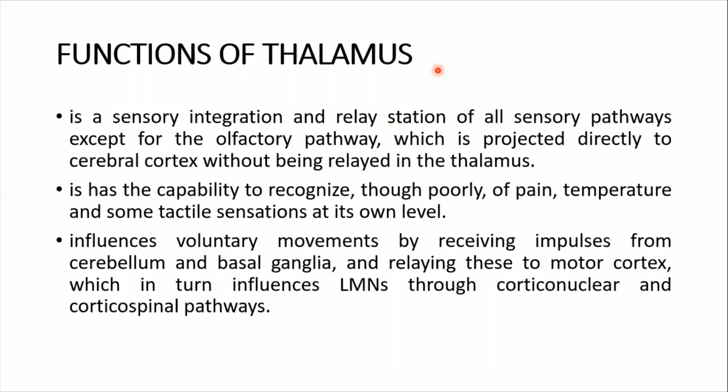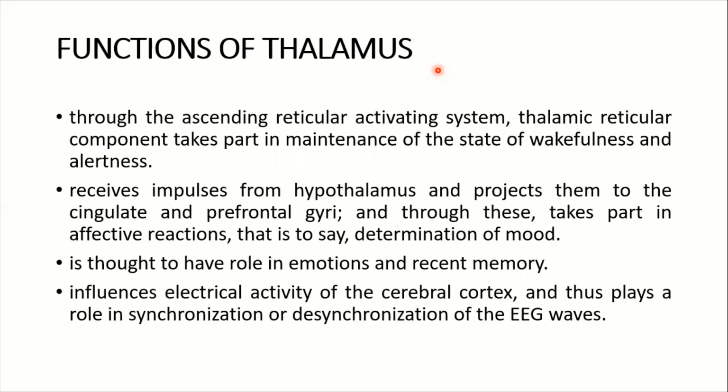It influences voluntary movements by receiving impulses from the cerebellum and basal ganglia and relaying these to the motor cortex, which in turn influences lower motor neurons through the corticonuclear and corticospinal pathways. Through the ascending reticular activating system, the thalamic reticular component takes part in maintenance of the state of wakefulness and alertness.